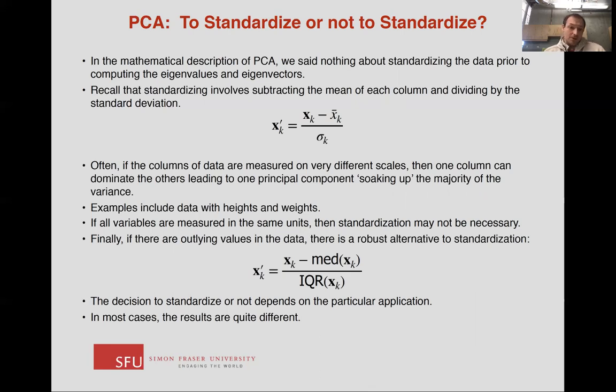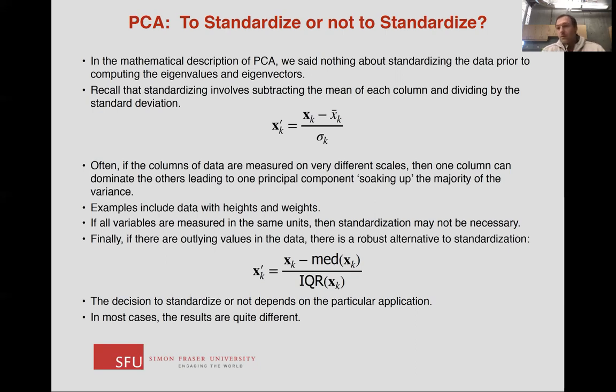An example here is, say you have the height and the weight of bears. Suppose you have height measured in meters, and weight in pounds. Well, we might have a pretty large variation in pounds, so the variance there will look pretty big.